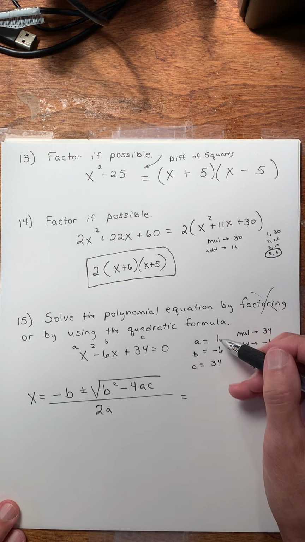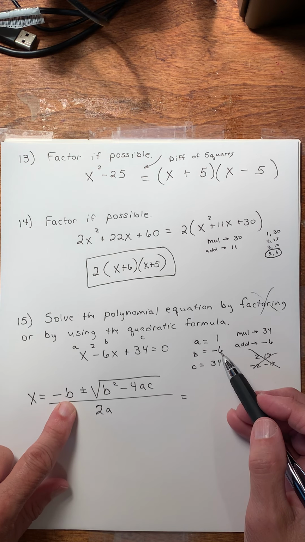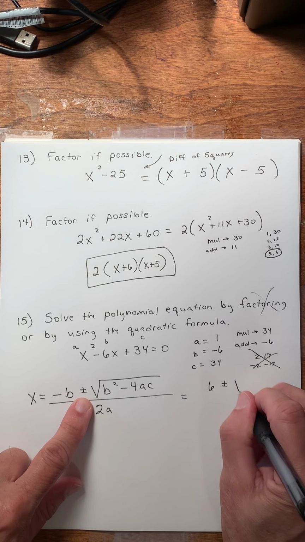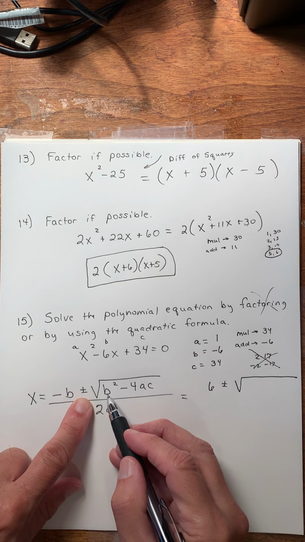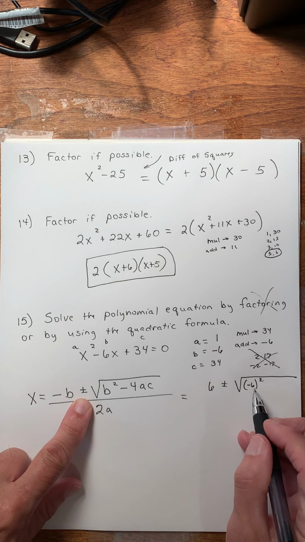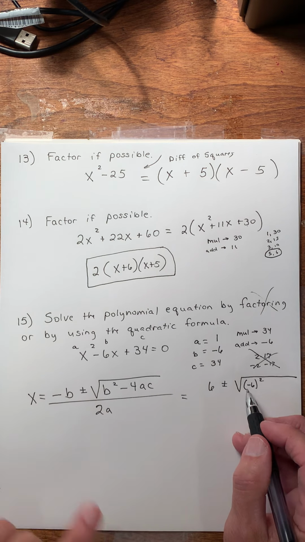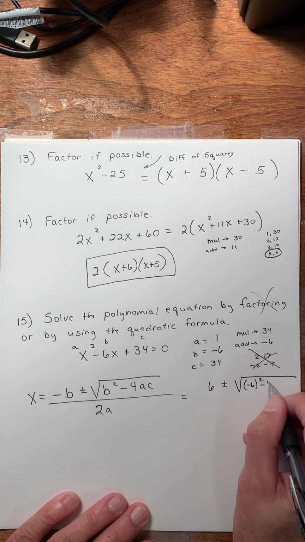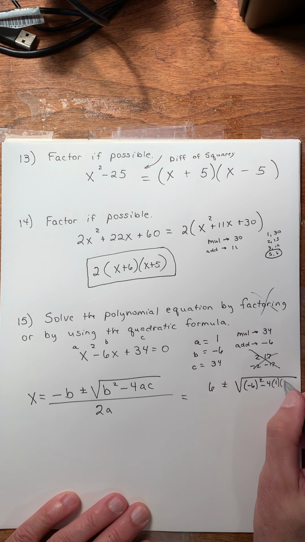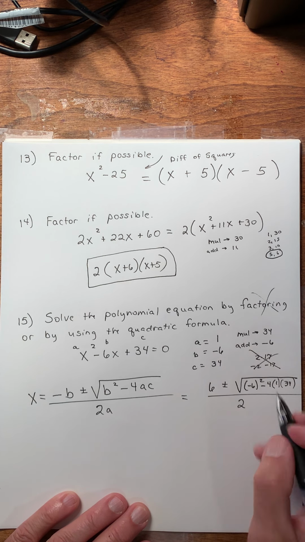Now all I need to do is fill in my a, b, and c. So here we go. The opposite of b is negative 6, so the opposite of b is 6, plus or minus, big old square root. B squared, that's negative 6 squared. This will always be a positive number, ladies and gentlemen. B squared will always be a positive number. Minus 4 times a times c. All over 2 times a.